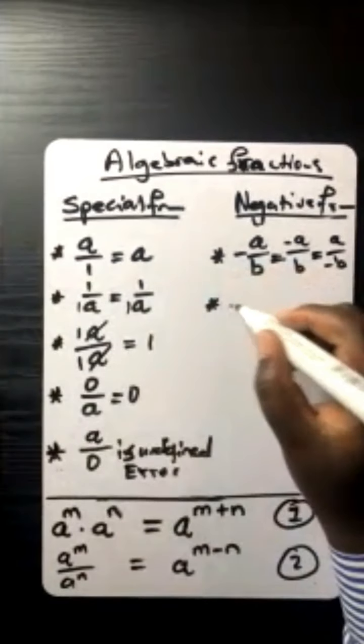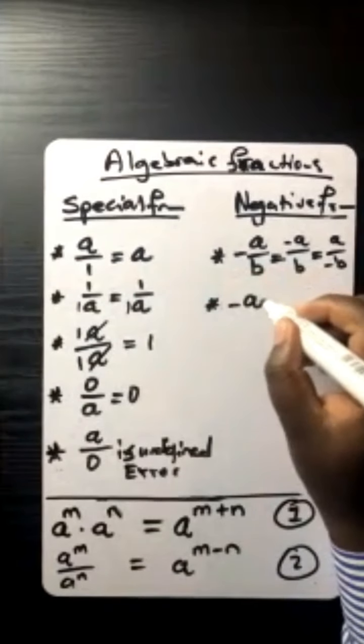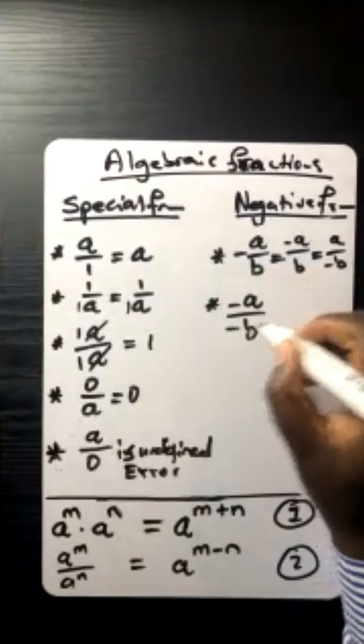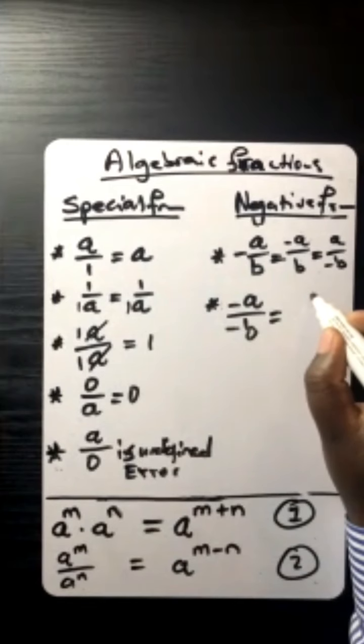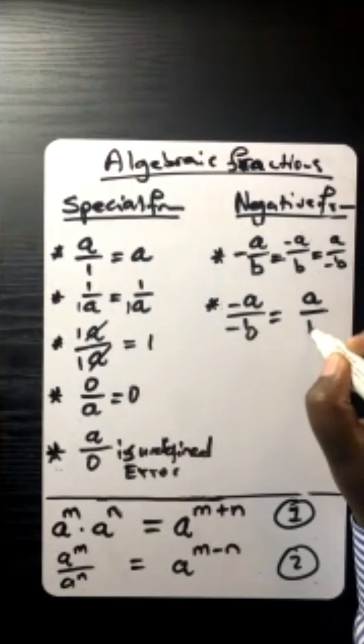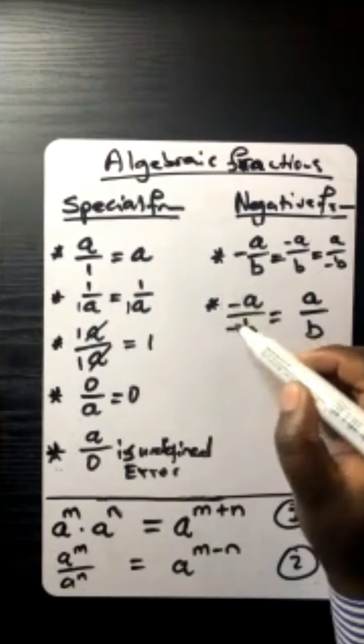So we've got negative A divided by negative B. This one, guys, is actually the same as just A over B. Why? Because that negative just cancels.